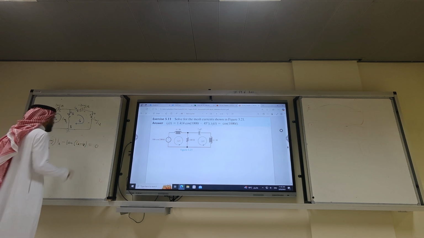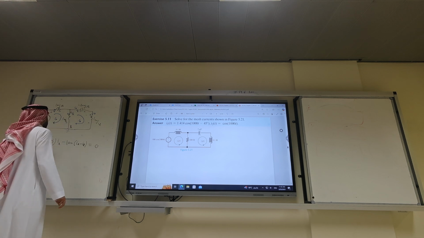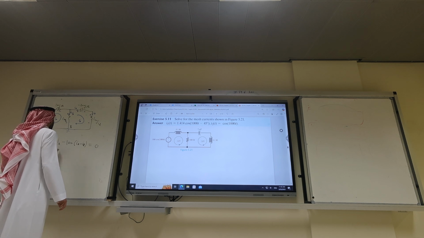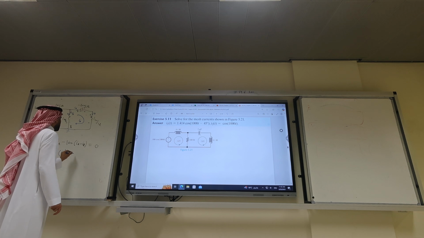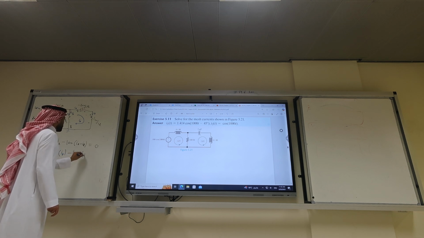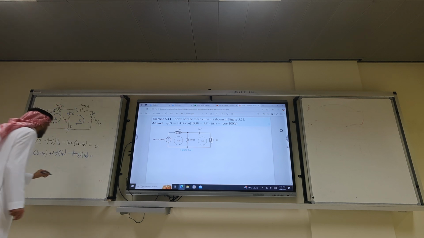We don't like it, especially here. Then voltage drop minus, minus what minus positive, so plus 200j times IB. And then voltage drop 100 minus 100j times IB equal 0. Standard form.